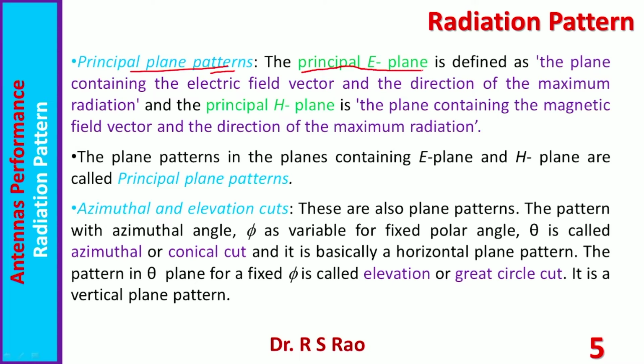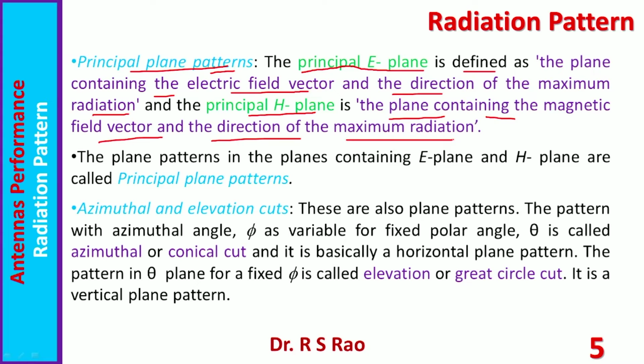The principal E-plane is defined as the plane containing the electric field vector and the direction of maximum radiation. And the principal H-plane is the plane containing the magnetic field vector and the direction of maximum radiation. Here, principal planes are defined.